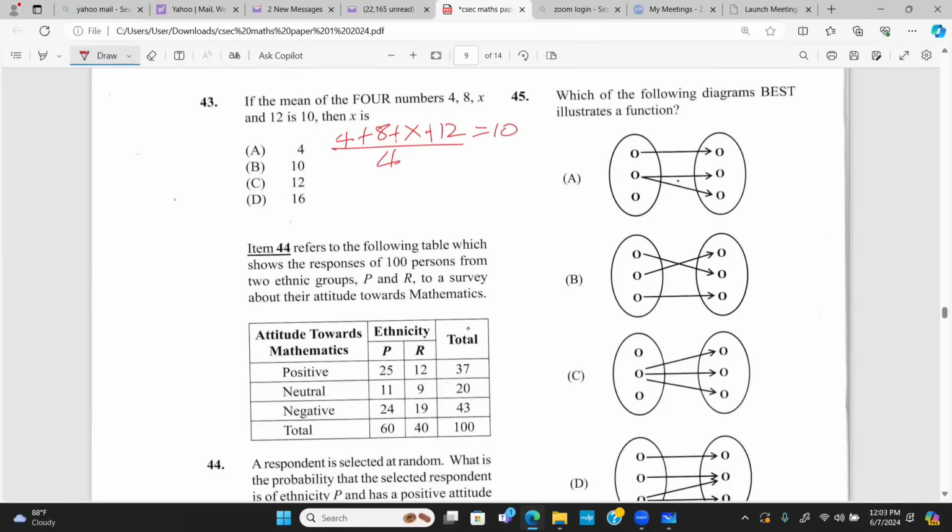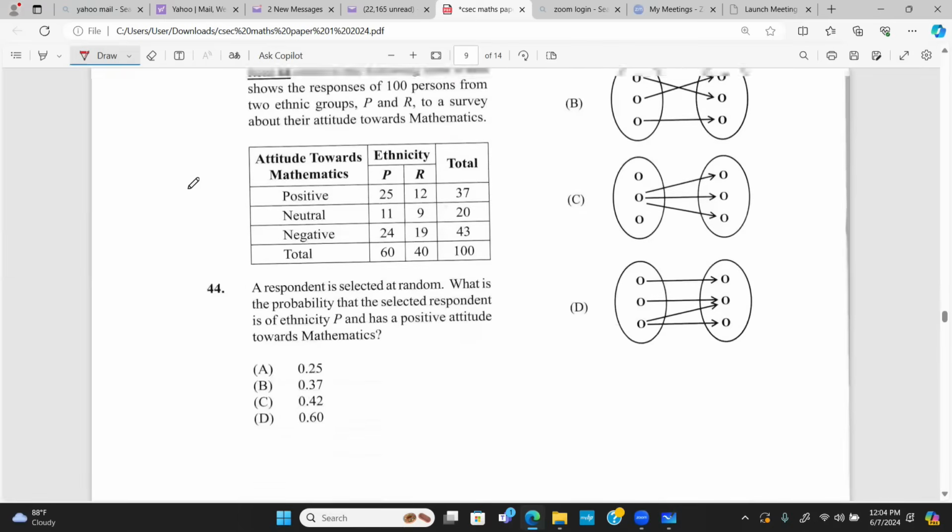Let's add up our thing. So this is 24 plus x over 4 equal 10. Multiply both sides by 4. So 24 plus x is now 40. Subtract 24 from both sides. This is 16. X is equal to 16 right there. Next one.